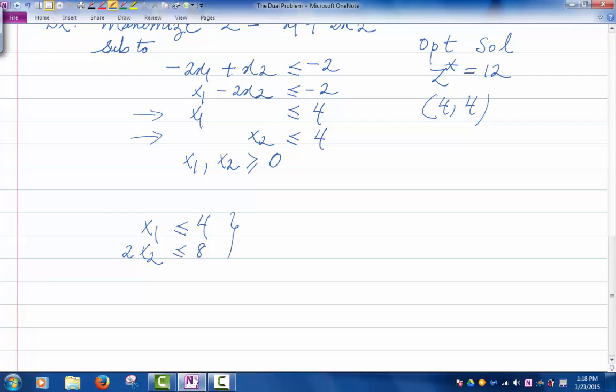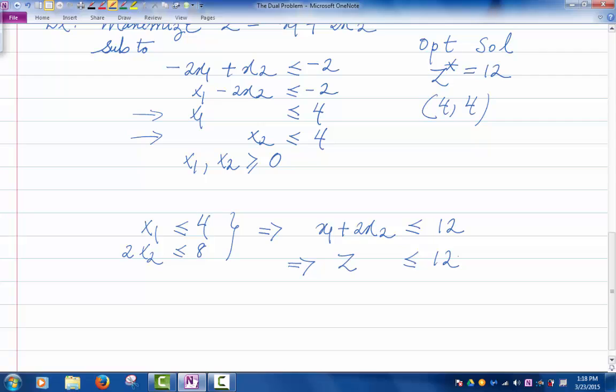So now together, when you add them, what do you get? x1 plus 2x2 less than or equal to 12. So that tells you what? That tells you z is less than or equal to 12, no matter what x1 and x2 is, right?